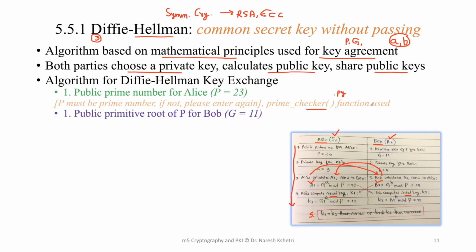The second one, we have to choose the primitive root, which is also a prime number, for Bob based on Alice. Here we choose G as 11, and the primitive root should exist, so we have used another function, primitive_check.py.